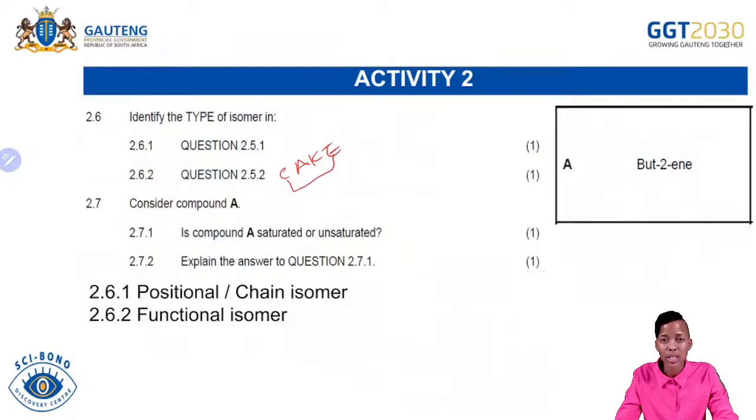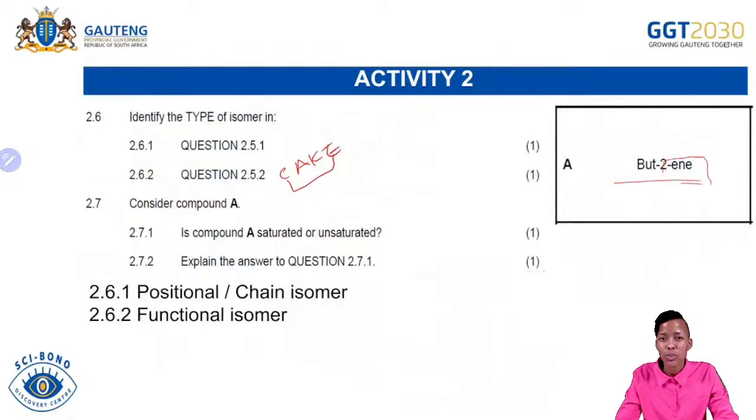Then consider compound A. Is compound A saturated or unsaturated? Okay. So how do you identify that one? Remember, saturated would mean that you only have single bonds. But if it is unsaturated, then it means that you have more than 2 bonds there. So how do we now know?